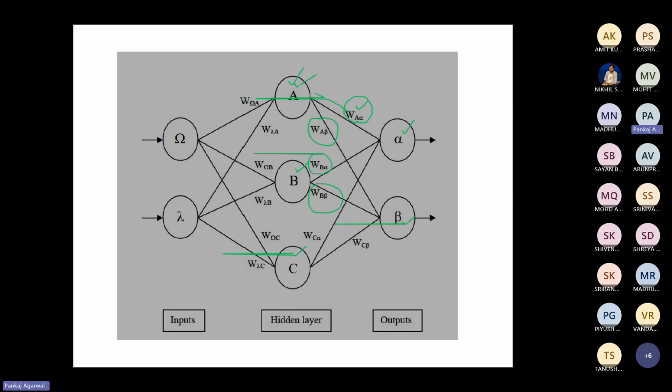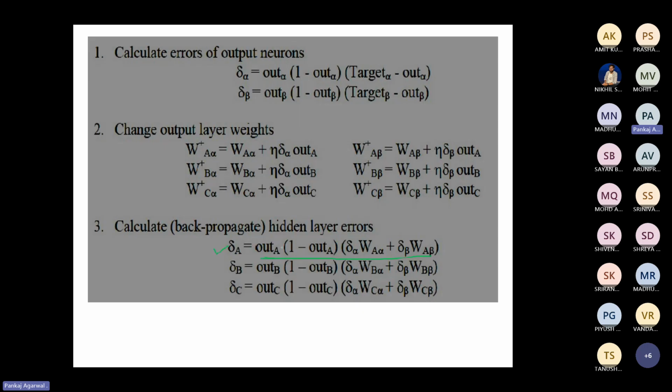So I have to calculate. In order to calculate, I am telling you one more thing. If I have to update this A, then I need both the things. I need what was done here and what was done at the connecting lines, right? So what was done at A? It was simple. It was this particular term.